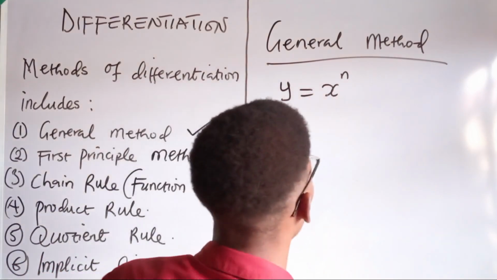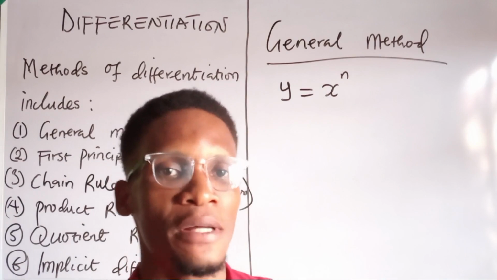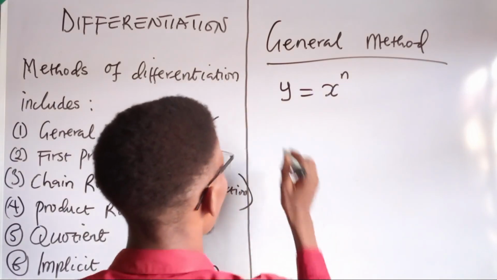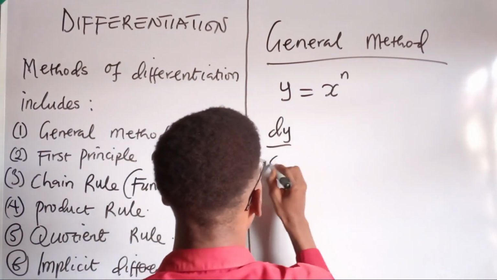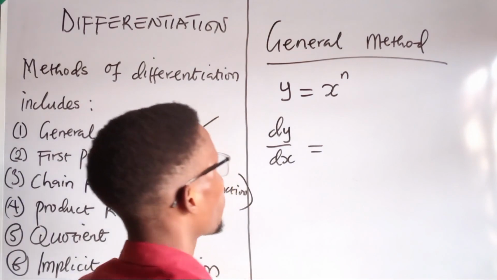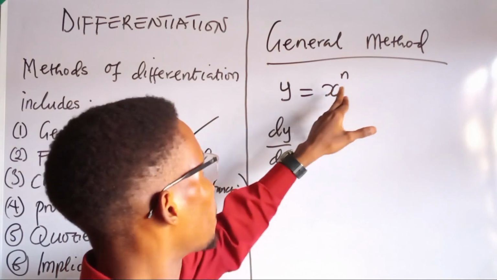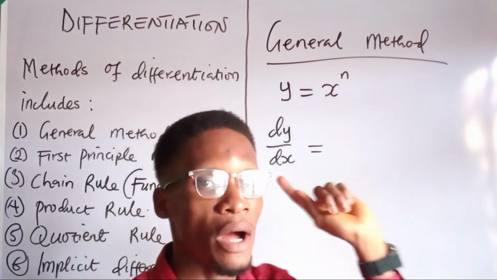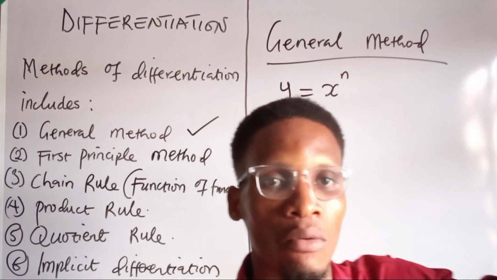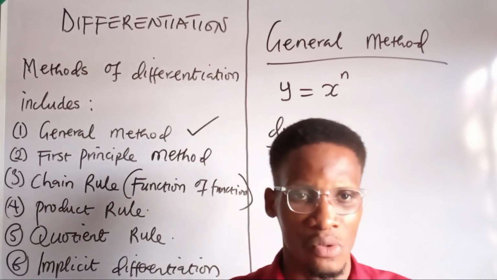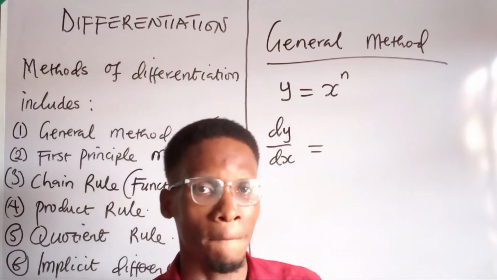When you are to differentiate y with respect to x, according to the definition I've given to you, you say dy over dx is equal to, the n here will come down and multiply x, then 1 will be deducted from the power, which will be n minus 1. That's how to solve differentiation by the general method.